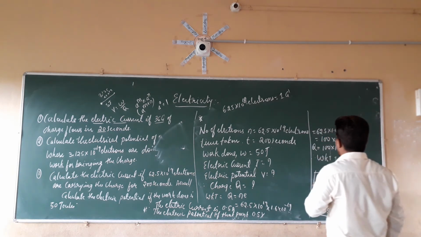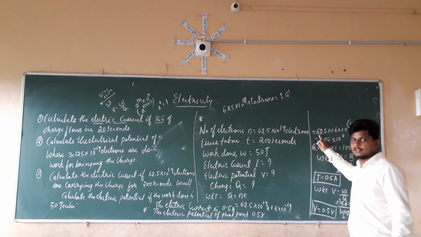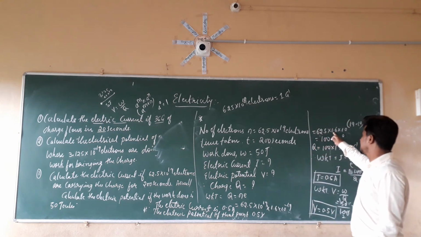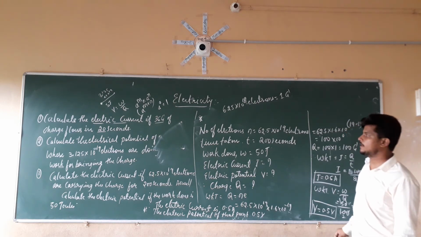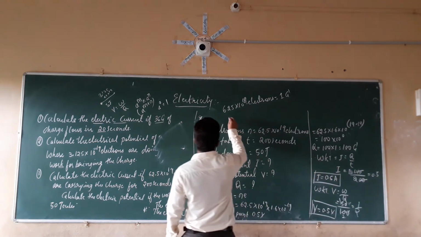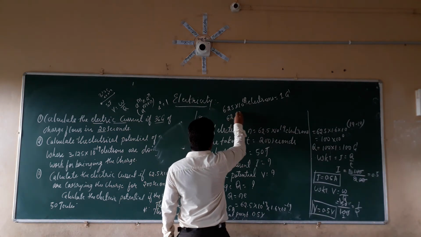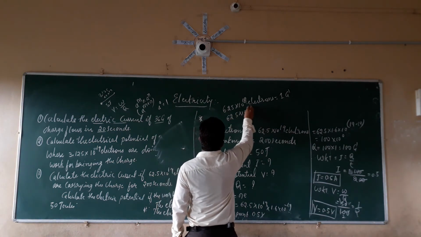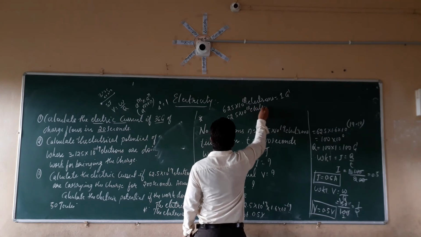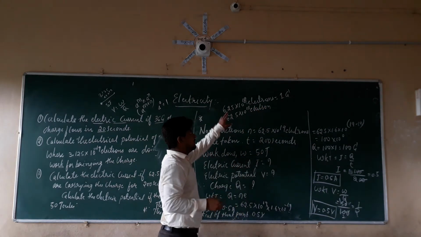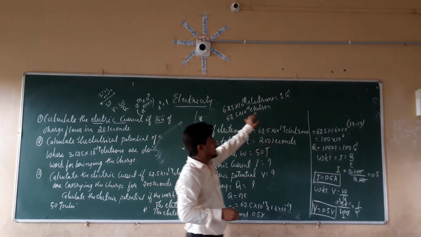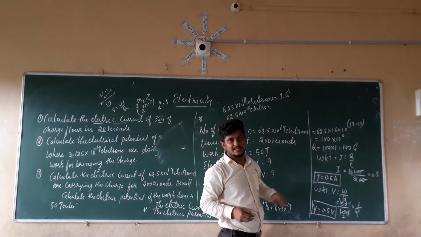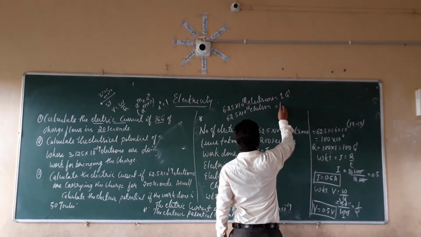So if you check here, how many electrons are given here? 62.5 into 10 raised to 18 electrons constitute how much charge? Here I am multiplying by 10, so if I multiply this side by 10, I have to multiply the other side also by 10.